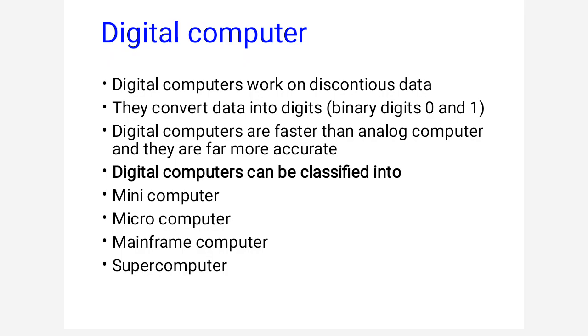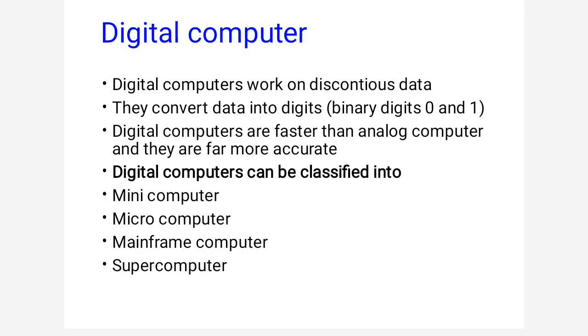The advantage of this digital computer is that it's much faster compared to the analog computer, as well as very accurate. We use digital computers for business purposes and scientific calculations. Mostly we are using digital computers everywhere.